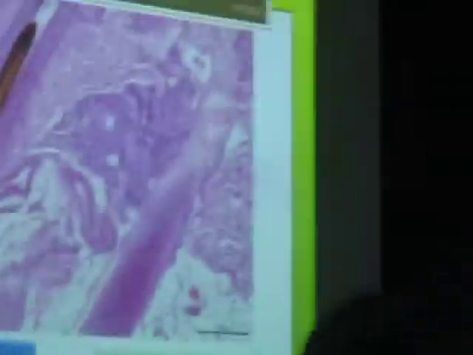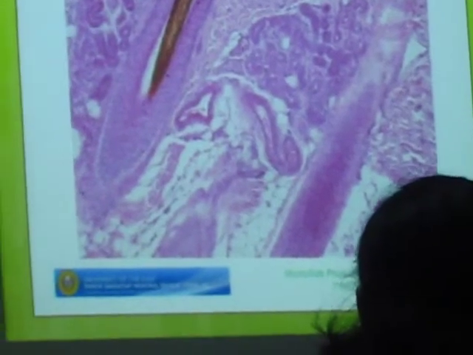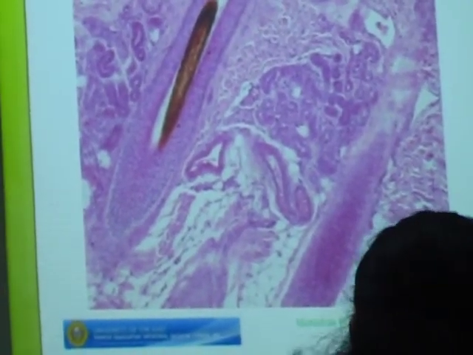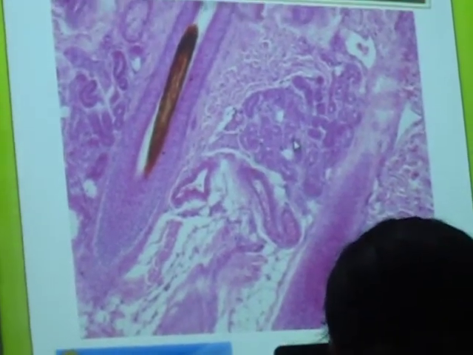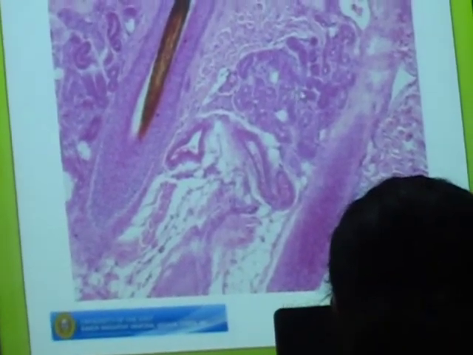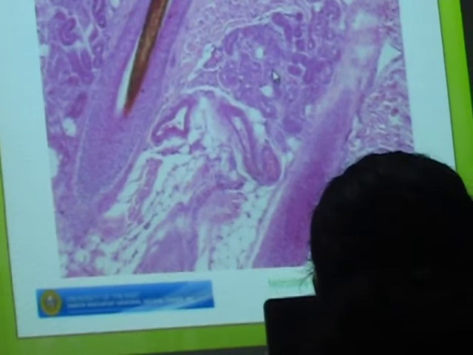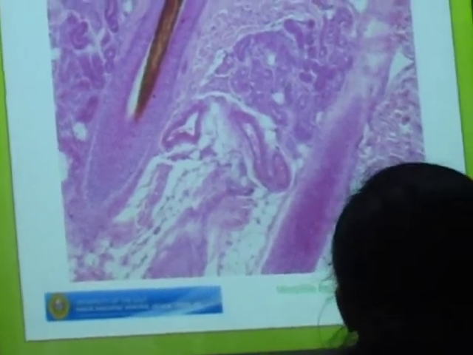You have 2 types of sweat glands, the eccrine and the apocrine. This is the eccrine type, or the merocrine type of sweat gland. Eccrine and merocrine, they are the same. The apocrine sweat gland is found in the area of the axilla.